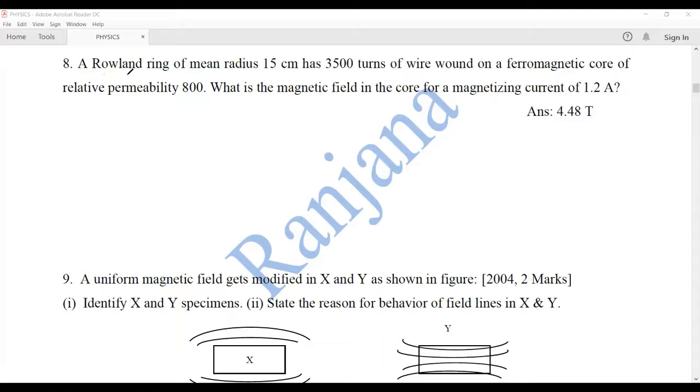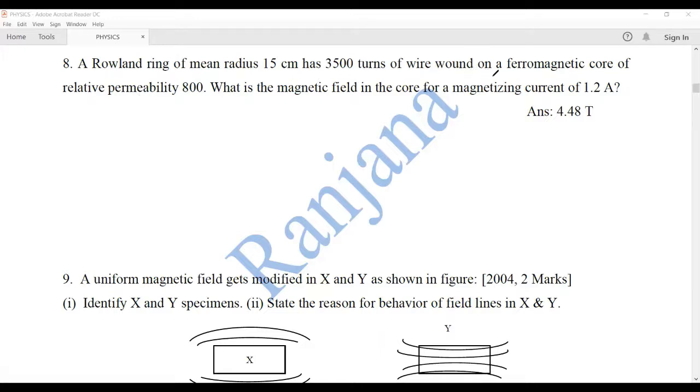Question number 8: A Rowland ring of mean radius 15 centimeter has 3500 turns of a wire wound on a ferromagnetic core of relative permeability 800. What is the magnetic field in the core for a magnetizing current of 1.2 ampere? We know that the magnetic field inside the core of a toroid is given as mu naught n I, where n is the number of turns per unit length.